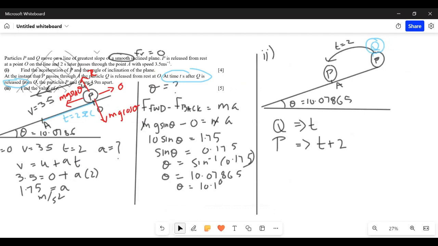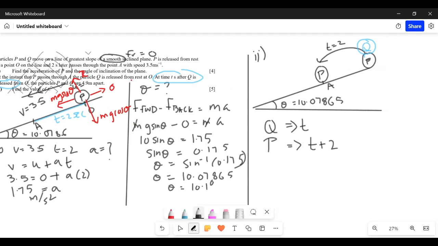So that means, let me draw that again. Here's P. It covers this much distance in the given time. This is the distance it covers in T plus 2 seconds. And Q starts at the same point. Let's say Q covers this much distance.